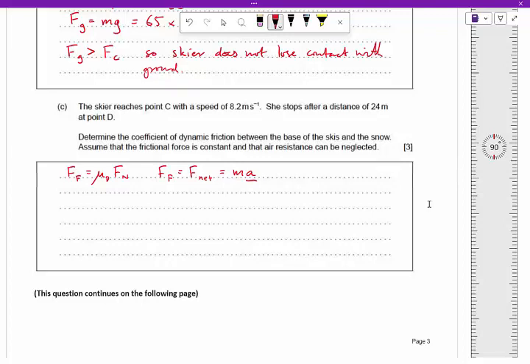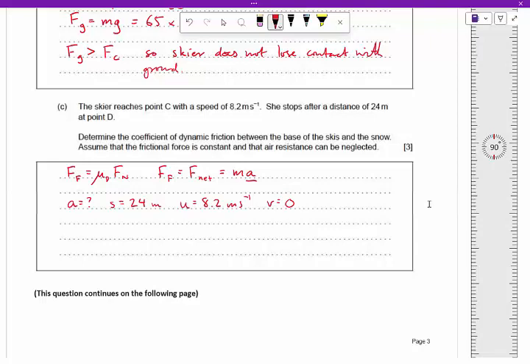Now, so we say A equals question mark, S equals 24 meters, U is equal to 8.2 meters per second, and V equals 0 because she comes to a stop. Okay, and we'll assume A is constant or uniform.